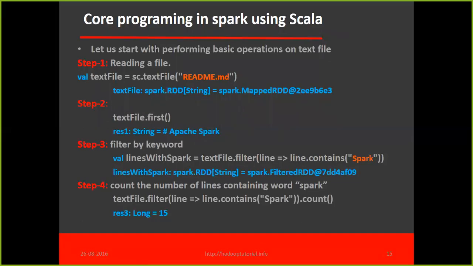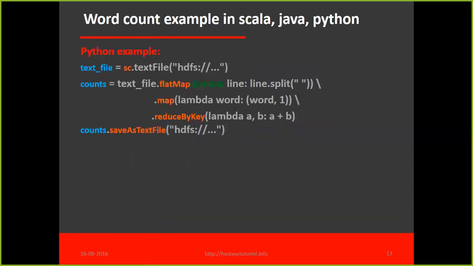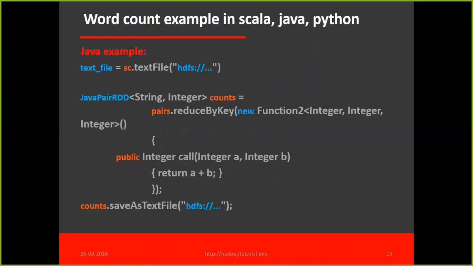So that is the very basic core program that we have seen: loading a file into your shell and printing the first line or the line count. Next, there are the Python example and Java example.